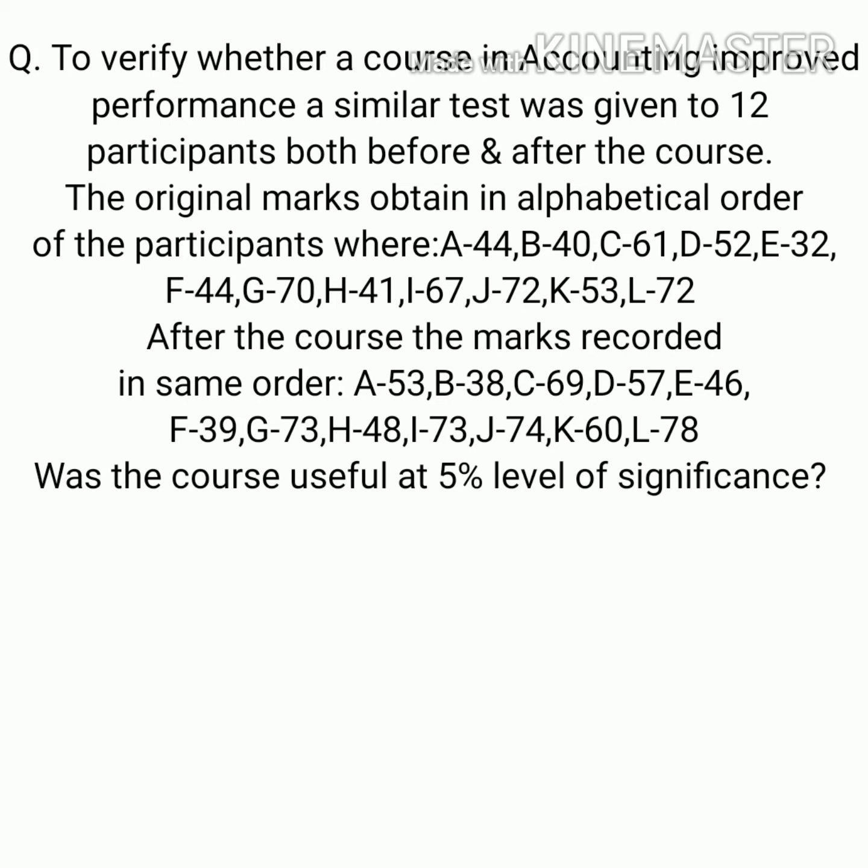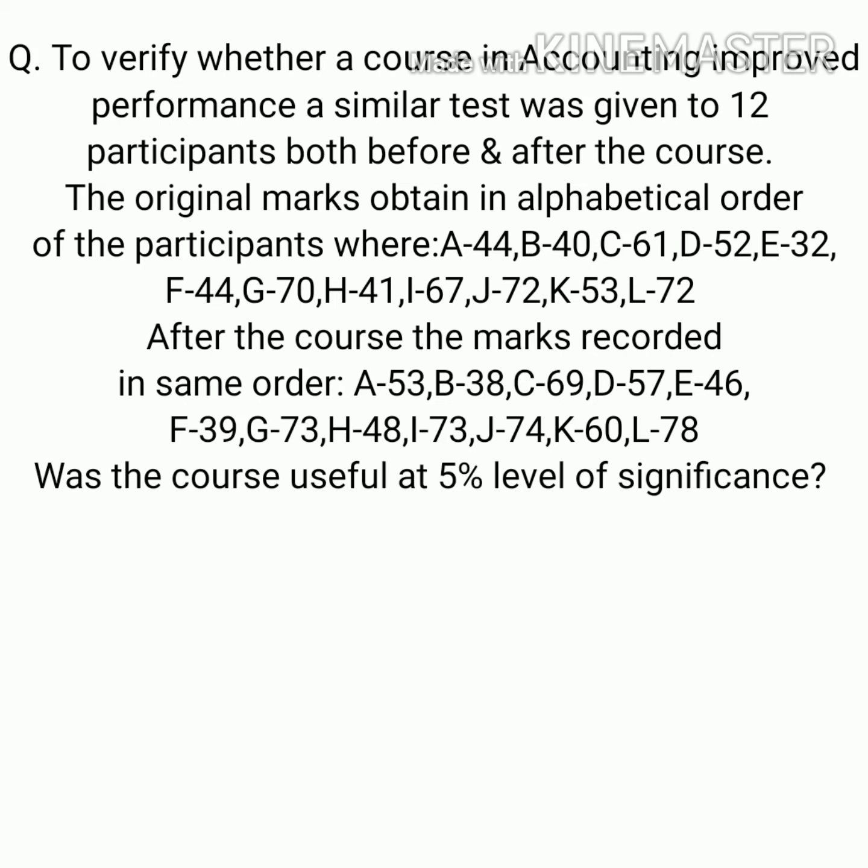After the course, the marks recorded in the same order were 53, 38, 69, 57, 46, 39, 73, 48, 73, 74, 60 and 78. Now you will have to judge whether the course was useful at the 5% level of significance or not.